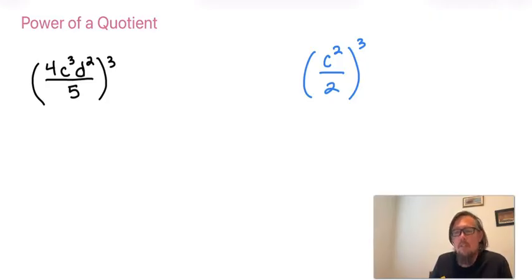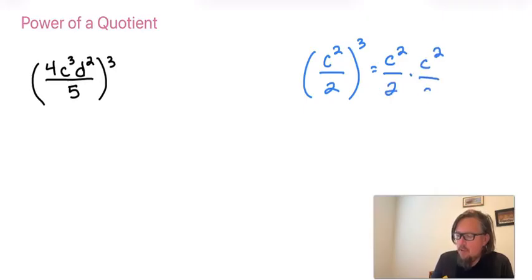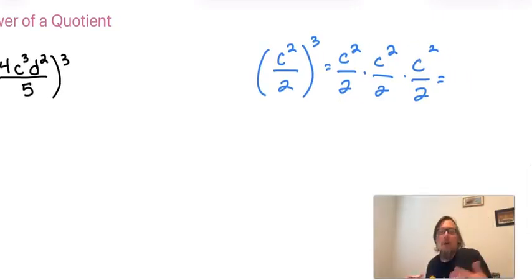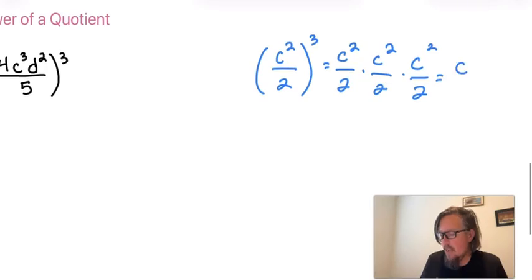So c squared over 2 to the third power means c squared over 2 times c squared over 2 times c squared over 2. And the product of powers rule tells us that the top is going to be c to the sixth. We add the exponents.